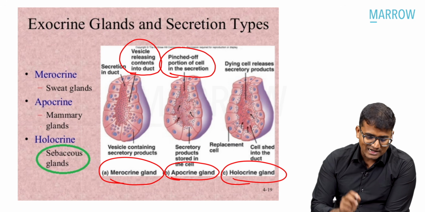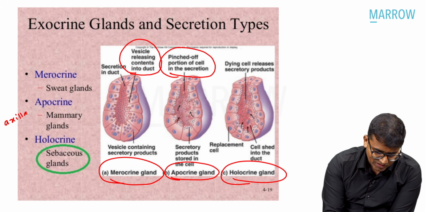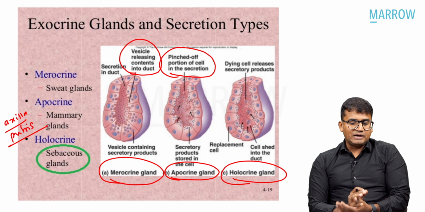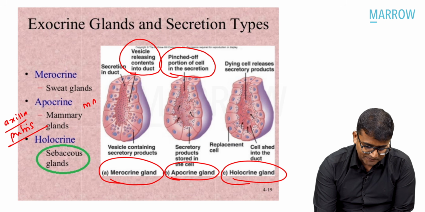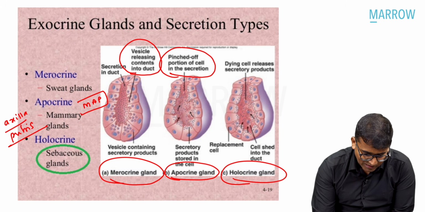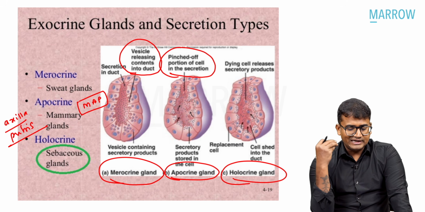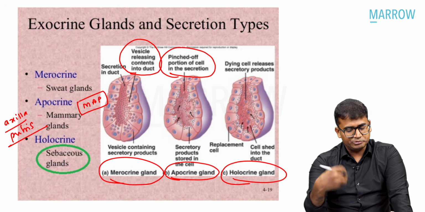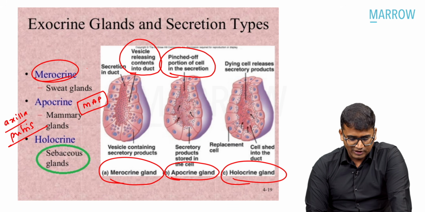Example for apocrine glands: I told you MAP is a mnemonic. M, mammary gland; A and P, atypical sweat glands in the axilla and pubis. Merocrine glands: sweat glands are an example.